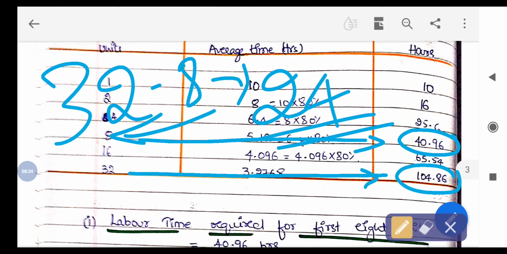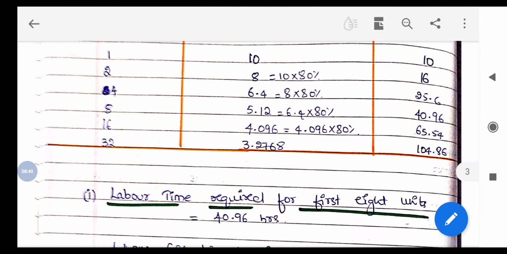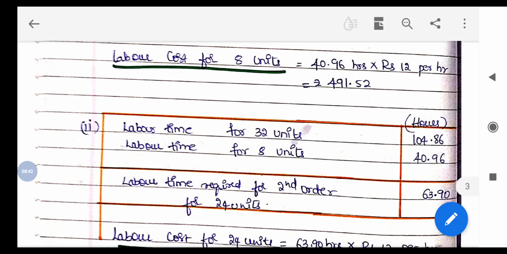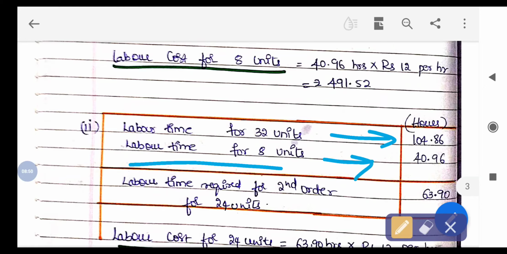So we take the time at 32 and the time at 8 and deduct. The labor time for 32 units is 104.86 and for 8 units is 40.96. Deducting this, we get the time for 24 units, that is 63.90.